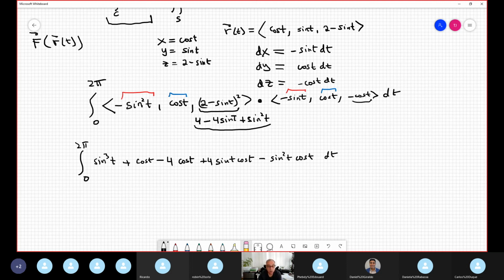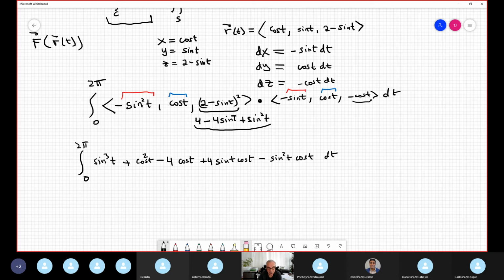Wow. Okay, we have a lot of things. However, I know that if I integrate a trigonometric function over one entire period, which is 0 to pi, only one term can stay alive. But I forgot something. I forgot the square here, right? Because cosine times cosine is cosine square.